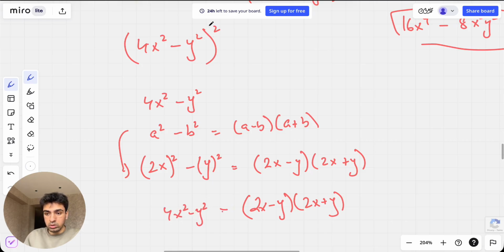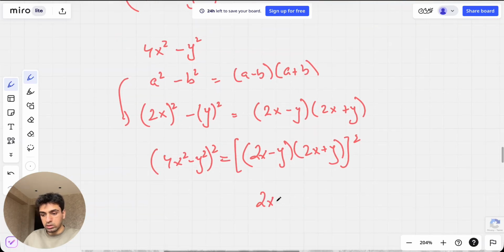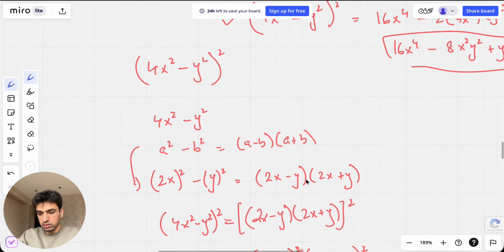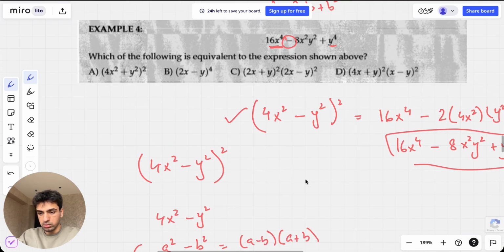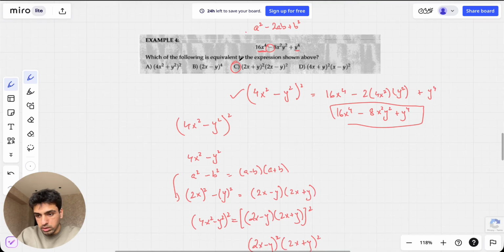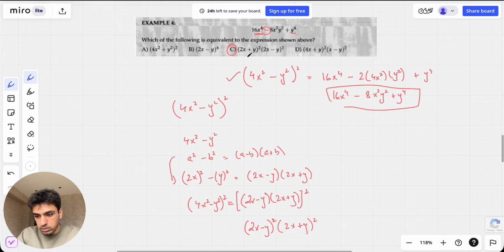Now in the question it was squared, so if you square this, you will have to square this as well, which means you're left with (2x minus y) squared and (2x plus y) squared. Now, do we have this? Yeah, we do. So it's going to be C. So we have (2x minus y) squared (2x plus y) squared. So that'll be your answer.